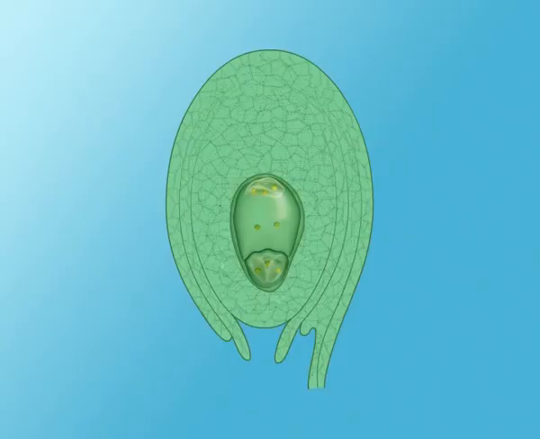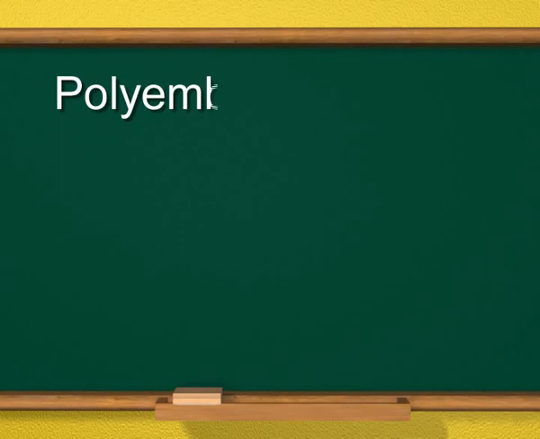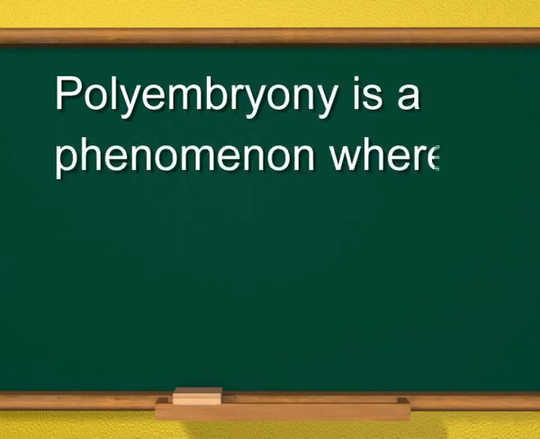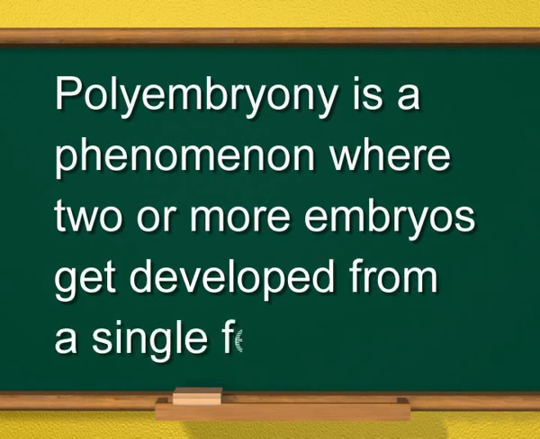The answer is the development of embryo directly from the diploid cells of ovule lying outside the embryo sac belonging to either nucleus or integuments is referred to as Adventive embryony. My next question is, what is polyembryony? The answer is polyembryony is a phenomenon where 2 or more embryos get developed from a single fertilized egg.